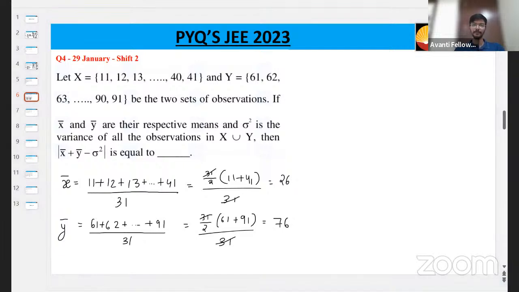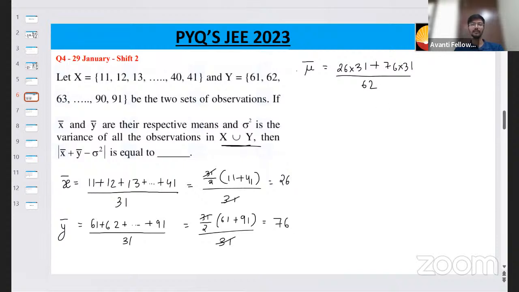Okay. So now we have to find the variance of x union y. That means we need combined variance. Right, guys? How to get combined variance? Combined variance we can get, but first we have to get combined mean. So let's say mu is the combined mean, which is x bar into 31, so 26 into 31 plus y bar into 31 upon total number of elements, that is 62.